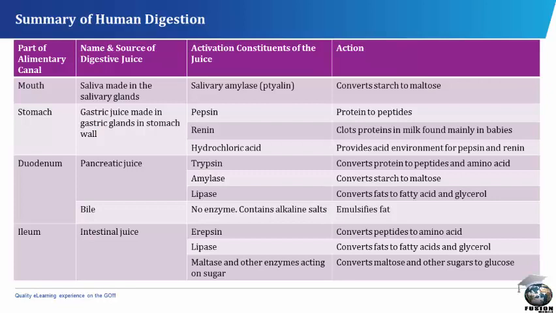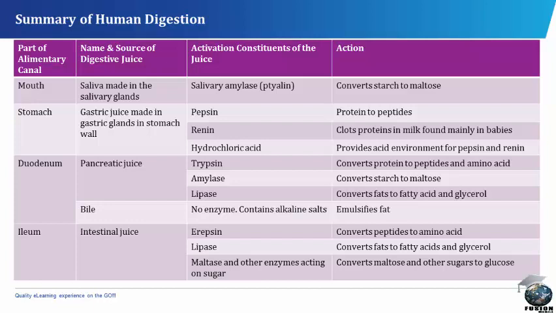Summary of human digestion. On the screen is the list of the parts of alimentary canal, the name and source of digestive juice, the active constituent of the juice, and the action it takes.